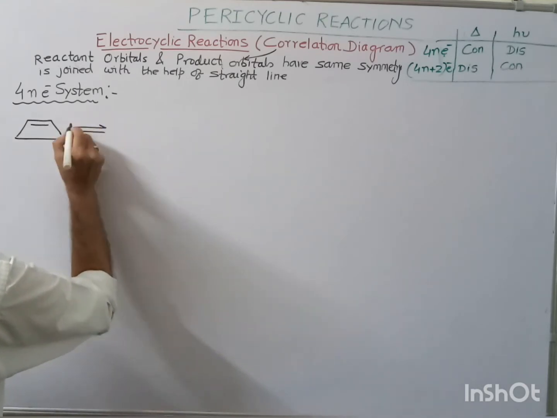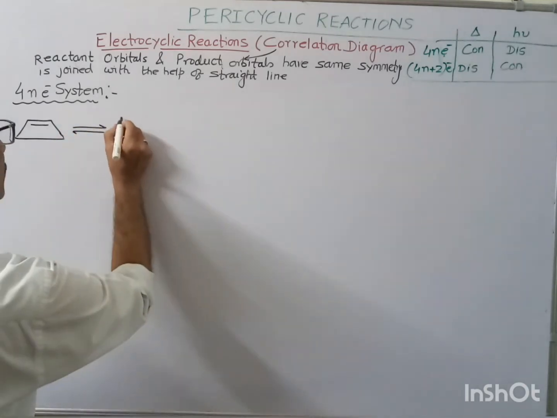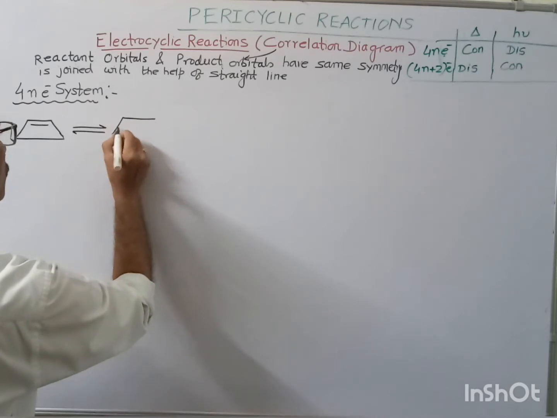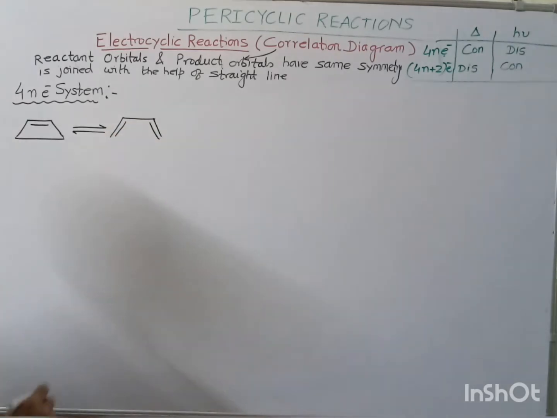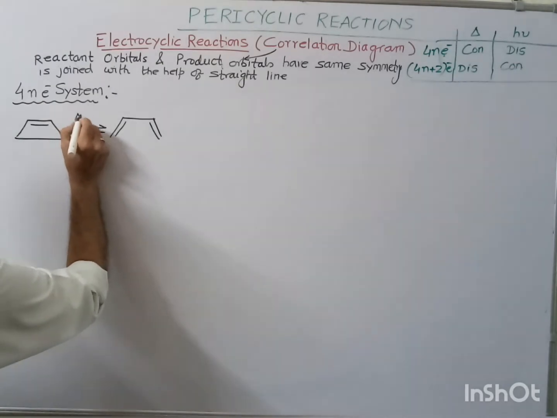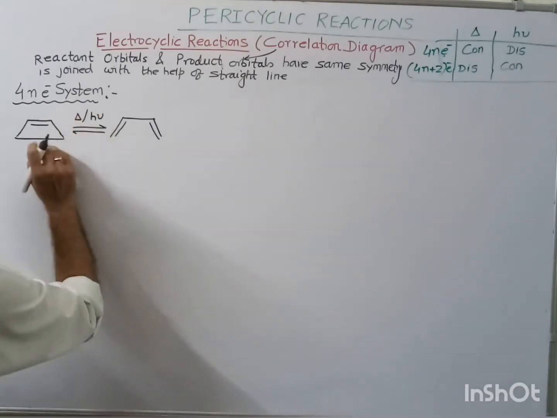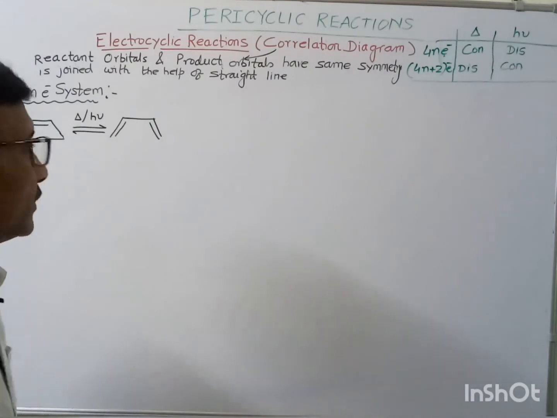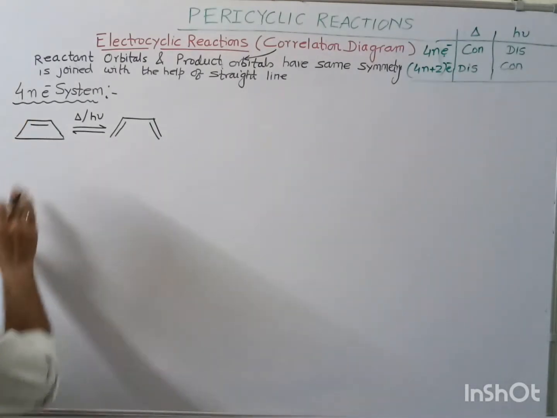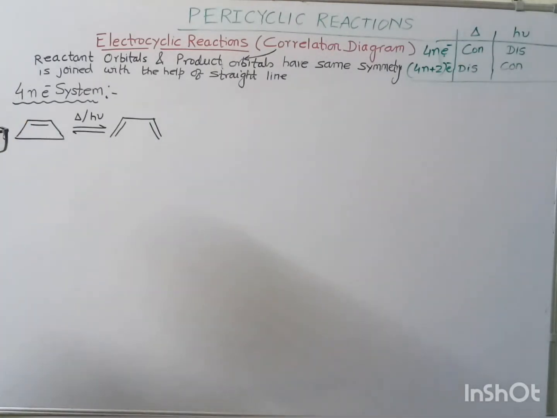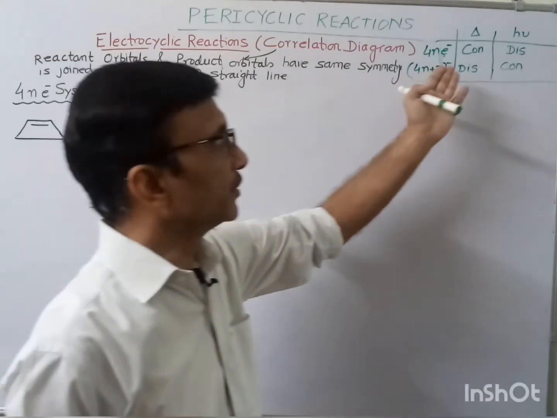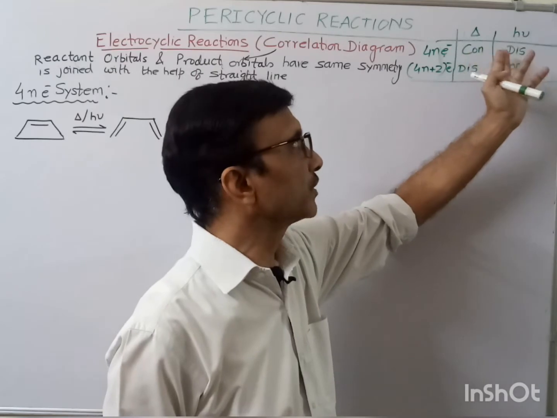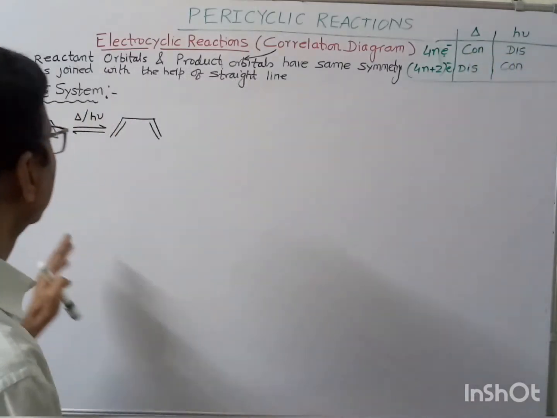Under either thermal condition or photochemical condition, it would be converted into butadiene. So this reaction may occur either by the conrotation of orbitals or disrotation of orbitals.